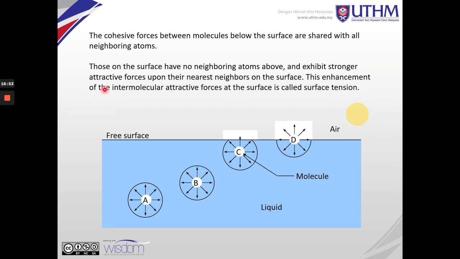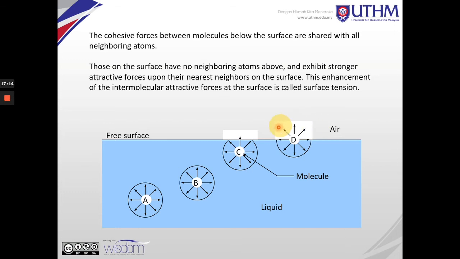This enhancement of the intermolecular attractive force at the surface is called surface tension. The molecules in the liquid transfer from the depth of the liquid to the surface. So this surface, between the air and the liquid, is called the surface tension.